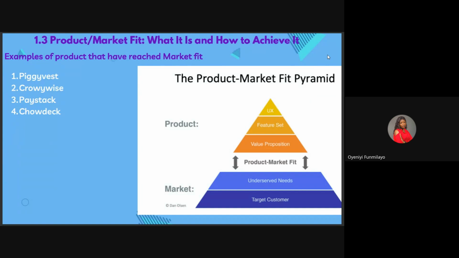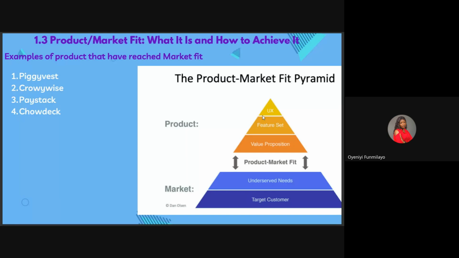So I have this product market fit pyramid, where from the user experience, it still boils down to the target customer.